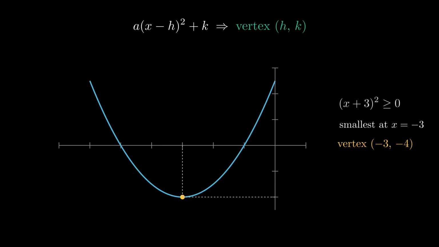At that moment, y equals -4, the lowest the curve ever gets. So the turning point is -3, -4, the minimum value is -4, and the line of symmetry runs straight through it at x equals -3. Look at the graph. That's exactly the bottom of the parabola.